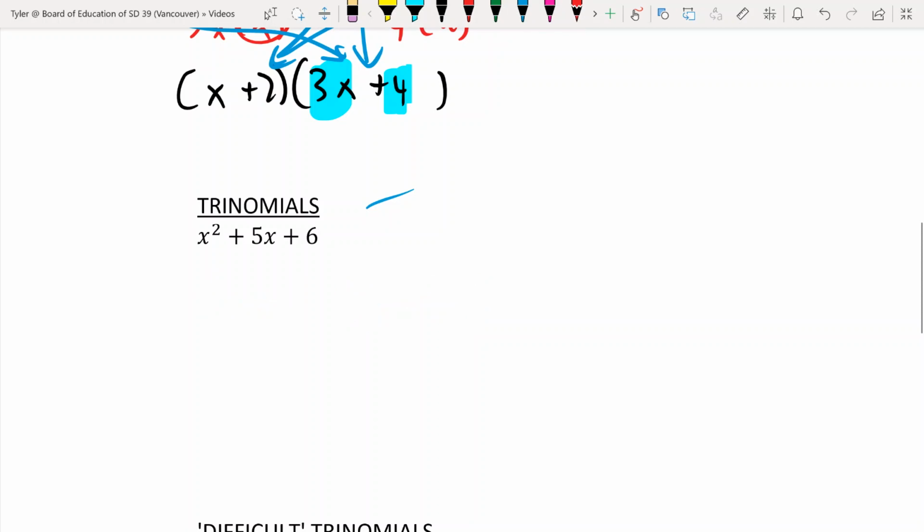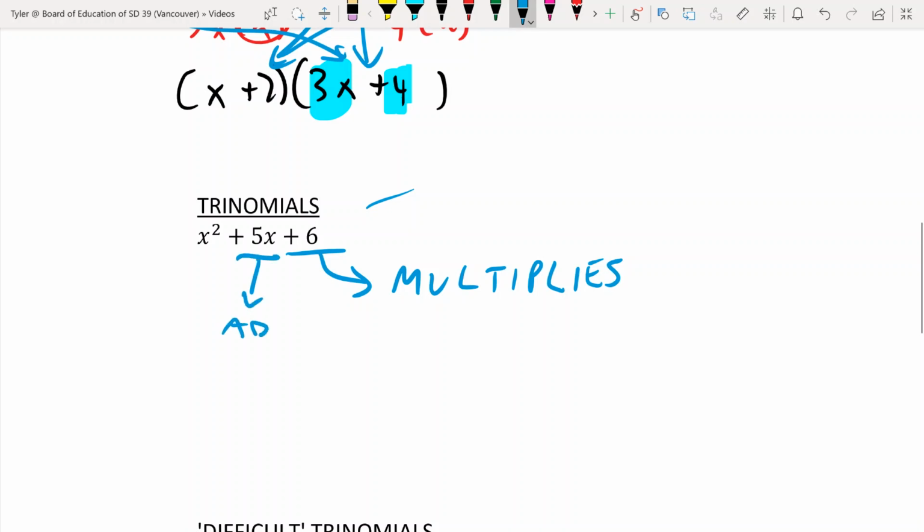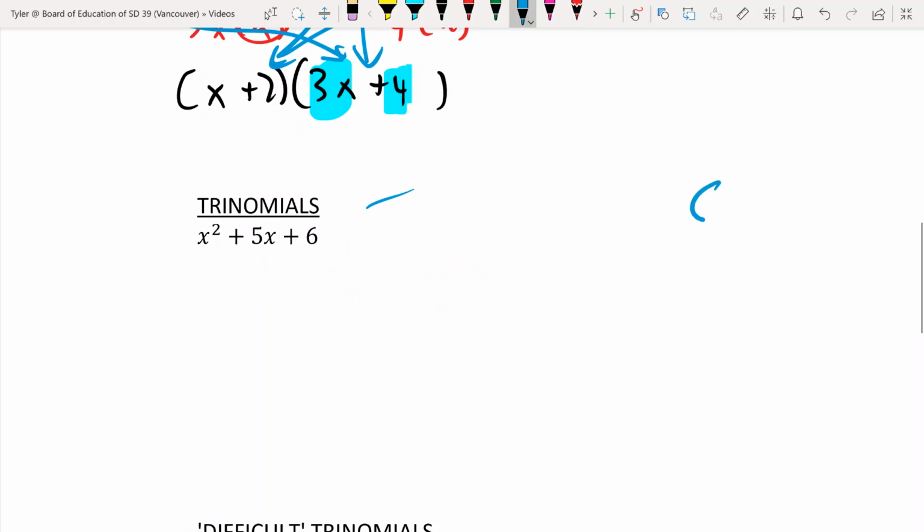The rule is, we look at the last term and we try and find out what multiplies to this. And we need to look at this middle term and figure out what adds to this. So what I always like to do is on the side, I write the number I have, 6, and I need to write out the factors.